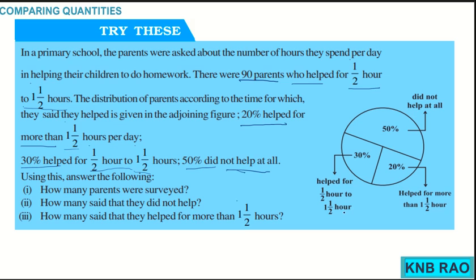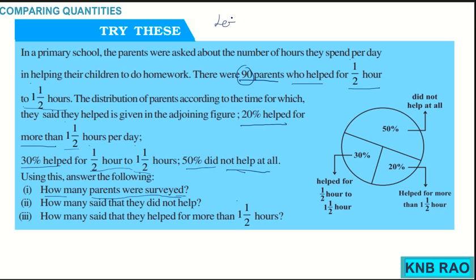That means now this 90 parents is equal to 30%. So, here let the total number of parents surveyed. This is the question number 1. How many total parents were surveyed?